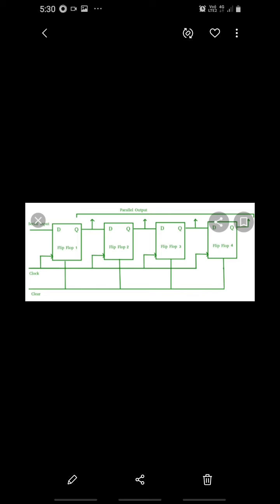The data bit present at D0 is stored in the first flip-flop. Therefore, Q0 is equal to 0, Q1 is equal to 1, Q2 is equal to 0, and Q3 is equal to 0, or Q is equal to Q0, Q1, Q2, Q3 is equal to 0, 1, 0, 0 after the second clock pulse.